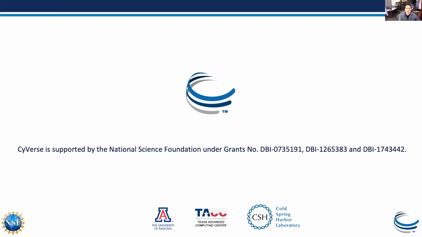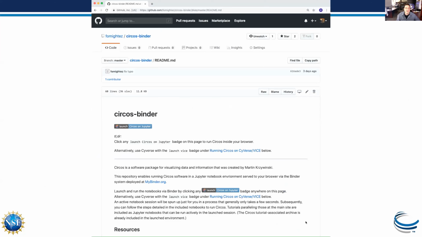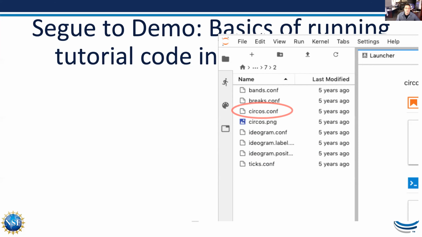So the JupyterLab version, which was the second version of the notebook interface that we saw, which I was running in CyVerse, looks something like this. In the JupyterLab interface, you can just drag and drop right into what's called the file browser.